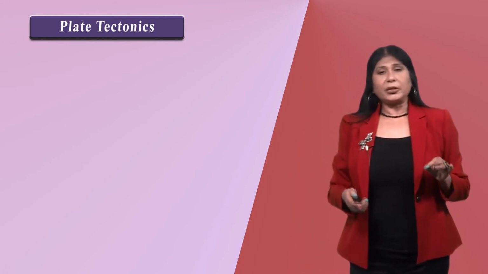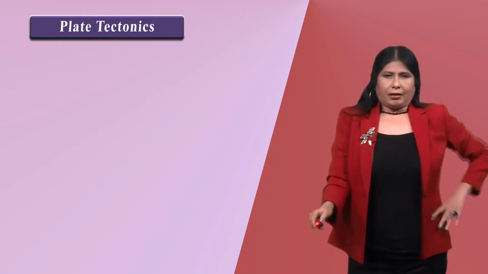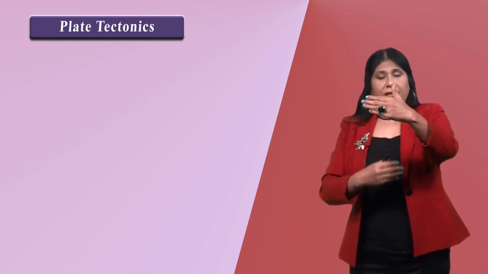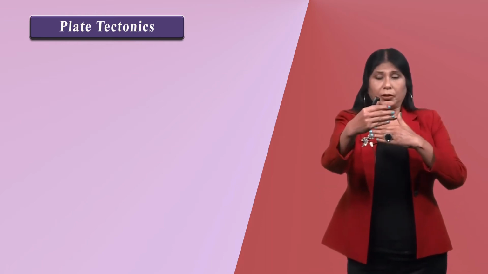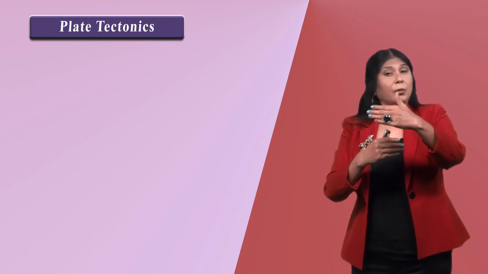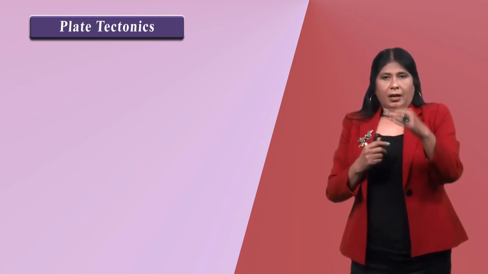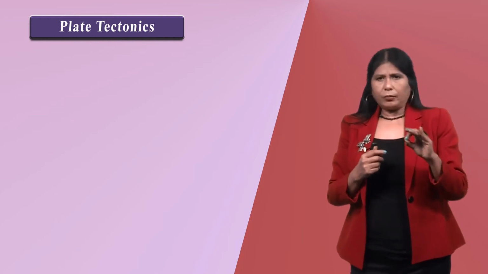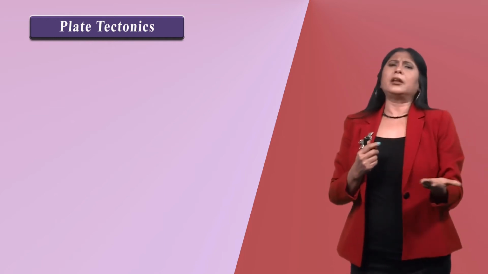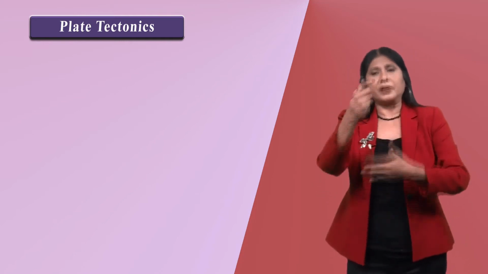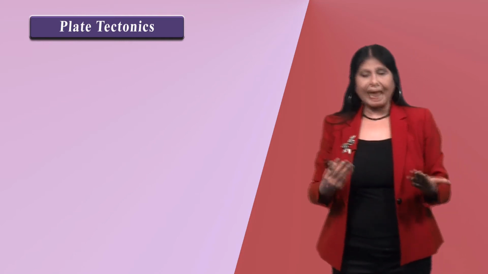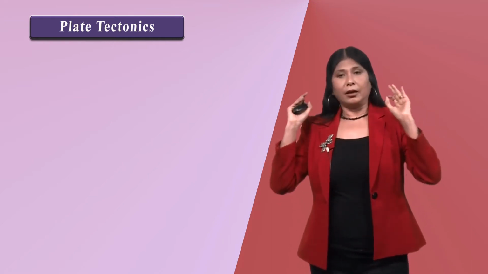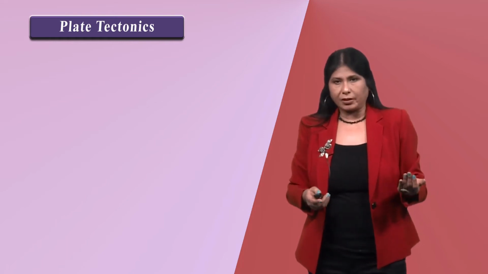What is positive and negative anomaly? The north pole and south pole are flipping over the years. North pole becomes south pole and south pole becomes north pole, I am talking about the magnetic property. What is the north magnetic pole today will become the south magnetic pole in a few hundred or a few million years, and it has been happening since the day our globe was formed.